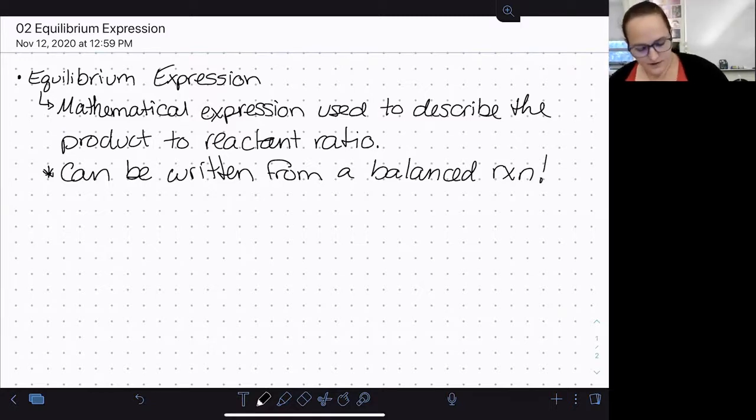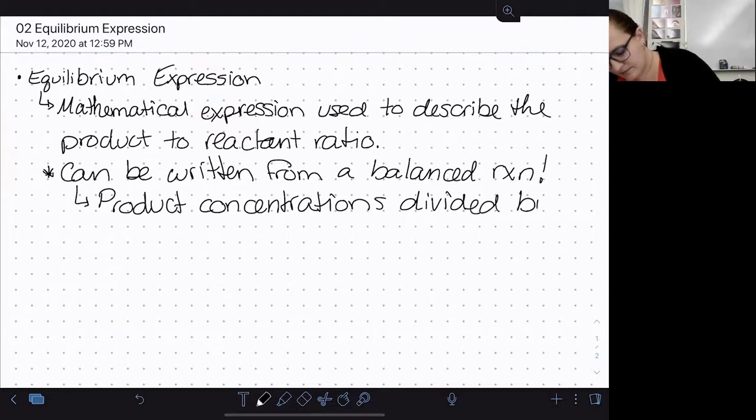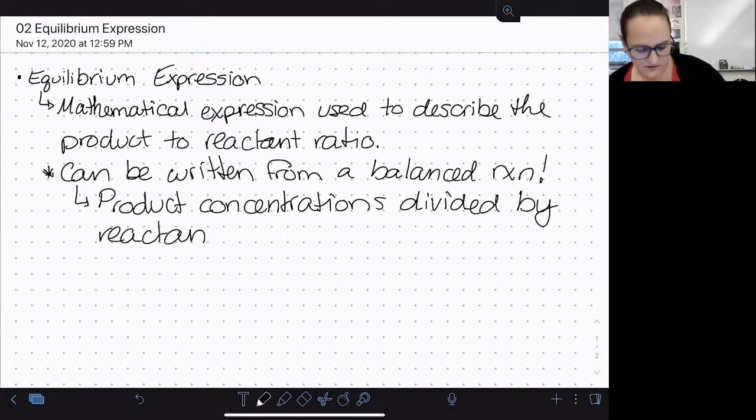Essentially, what we are doing to write an equilibrium expression is we're taking the product concentrations divided by the reactant concentrations, and all of the concentrations are raised to the power of their coefficient.